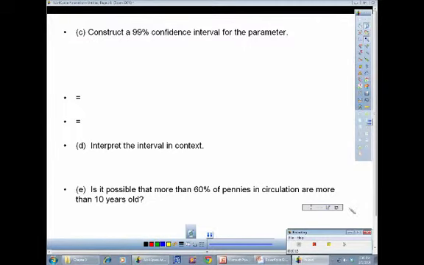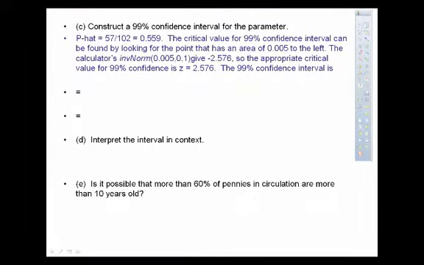Construct a 99% confidence interval for the parameter. All right. So p hat is 57 over 102, which is 0.559. The critical value for 99% confidence level can be found by looking for the point that has an area of 0.005 to the left. We're looking at that left tail.